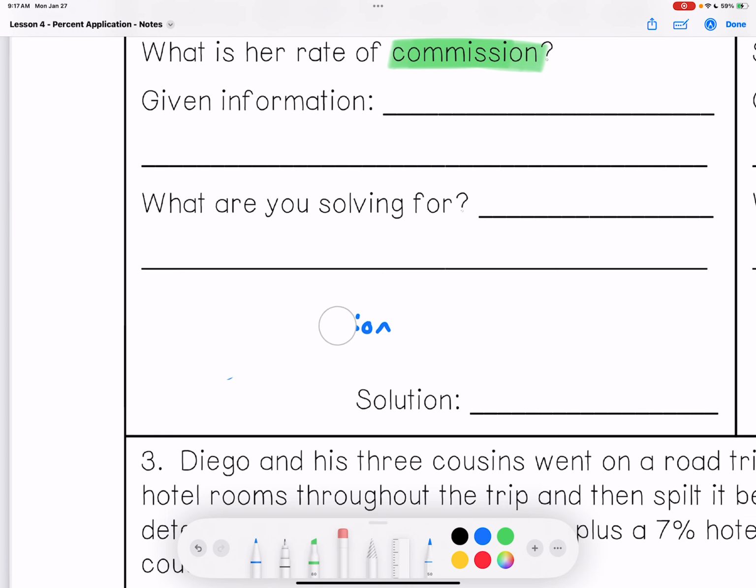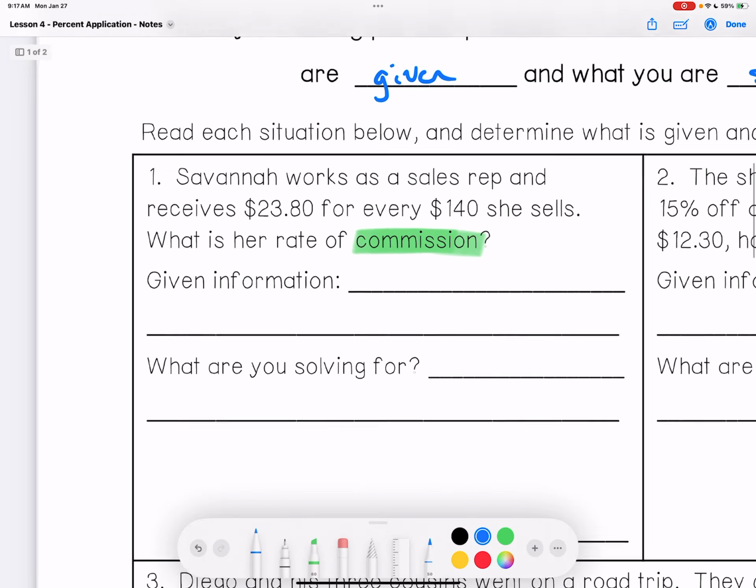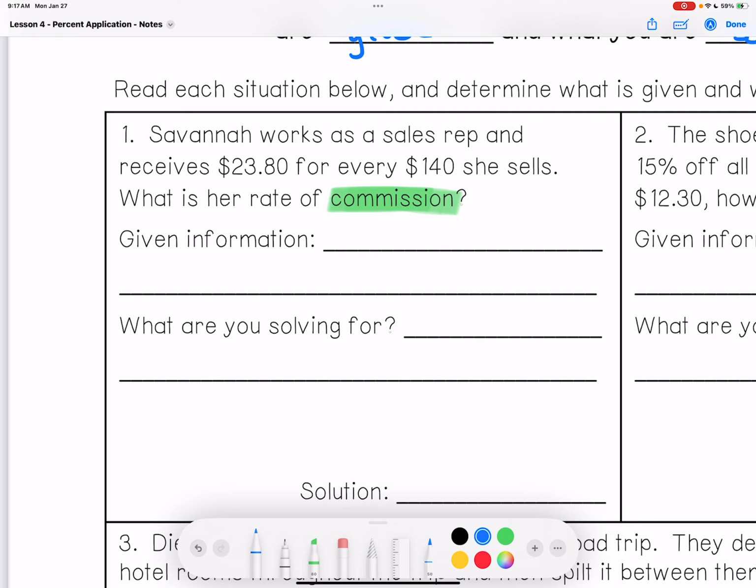Now it gets a lot more complicated than that in some jobs, but that's the base of how it works, okay? All right, so she works as a sales rep, and she receives $23.80 for every 140 she sells. What is her rate of commission? Commission is a percent, okay? So what are we solving for?